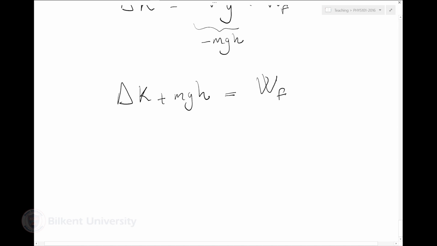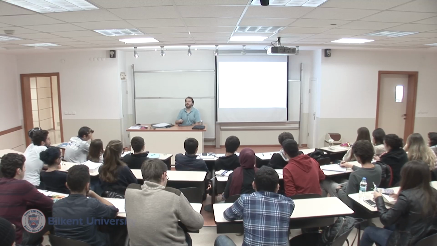I'll say, hey, this was 1/2 mv final square, and I'll write plus mgh final, minus 1/2 mv initial square plus mgh initial, where h is the initial height and final height, is equal to work done by all the forces except gravity. So this is sort of another kind of work energy theorem.